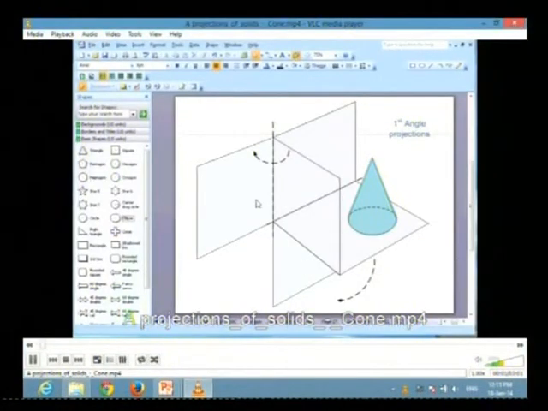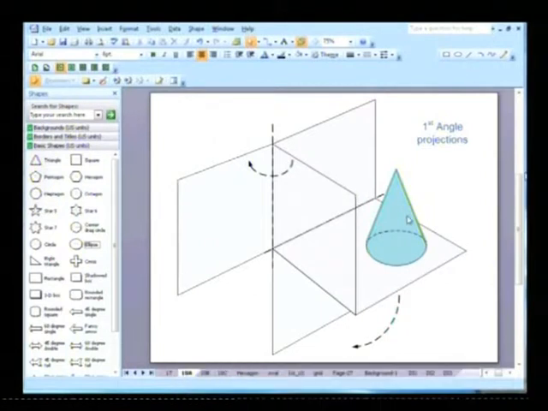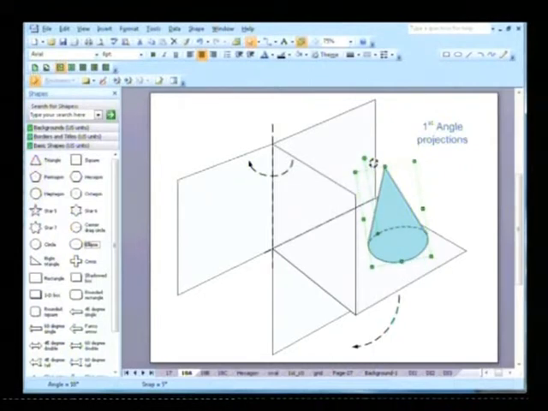Hi, this video is about isometric drawing and the projection of the cone. So this particular cone is sitting in the first angle of the first plane. So I need to draw the front view, plan and the side view, and once I draw that, it says that okay, how the projection looks like when you tilt this object at a 30 degree.